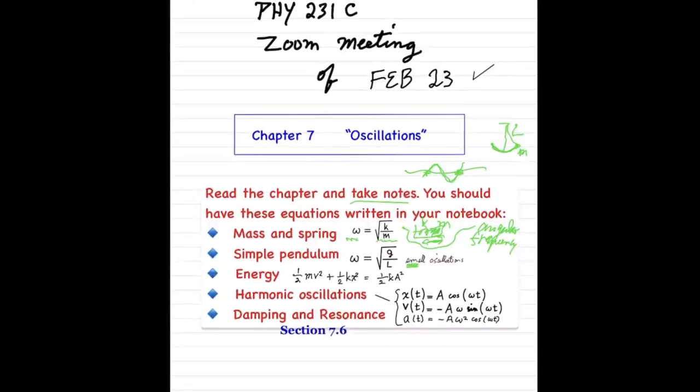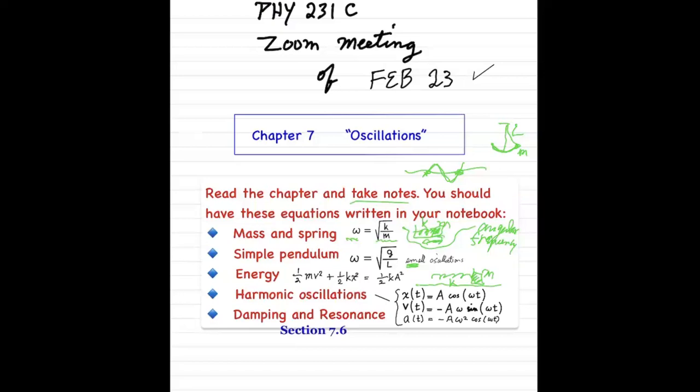There's a section on energy for an oscillating system. So for example, again, if we consider a mass on a spring, so we have some spring constant K, mass M, and the mass is oscillating back and forth on a horizontal plane.